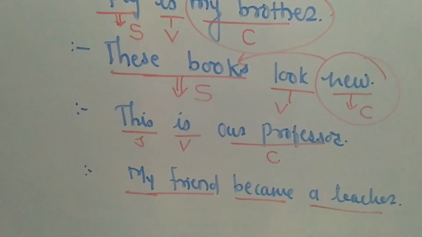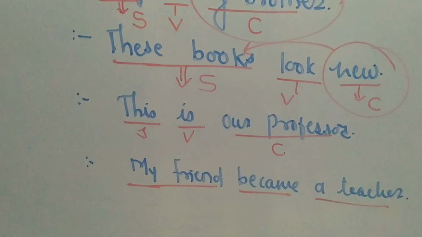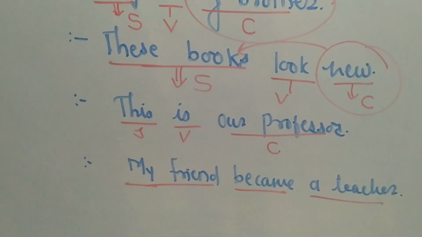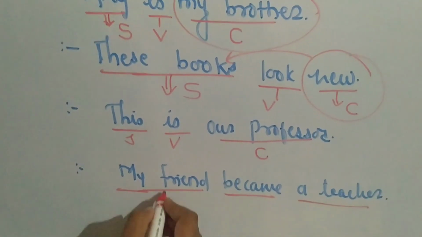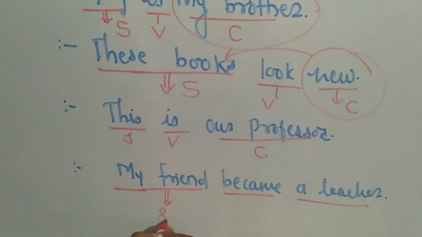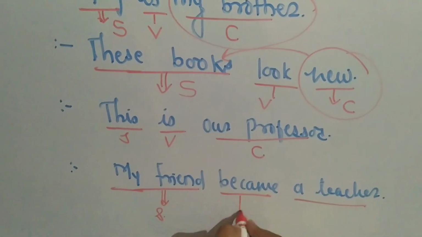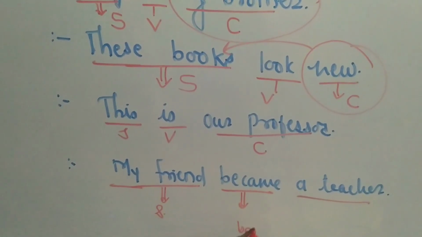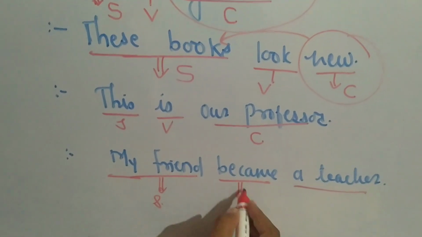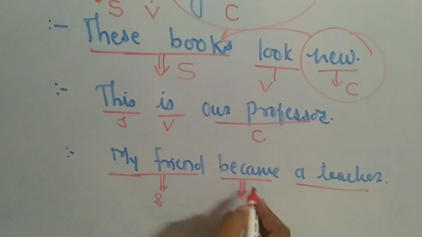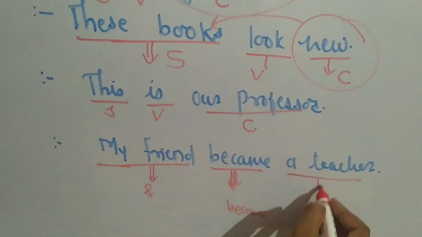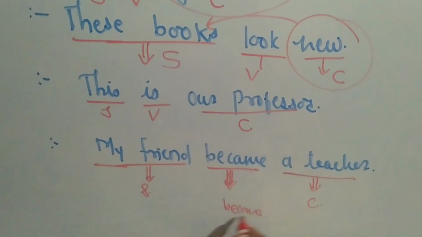Now the fourth one is my friend became a teacher. Here my friend is the subject, become is the first form, its second form is became, a teacher is the complement.